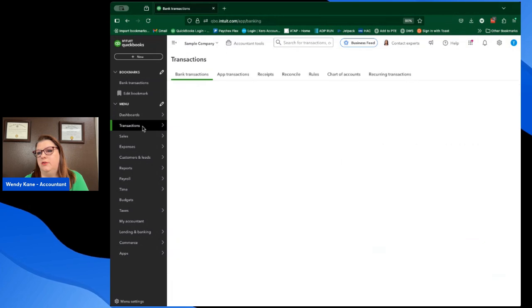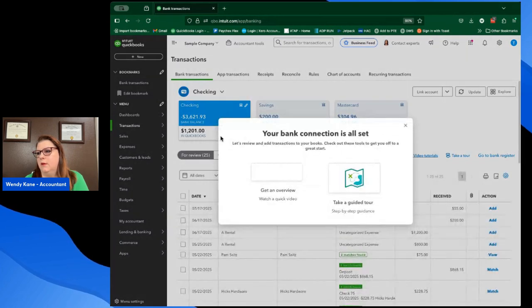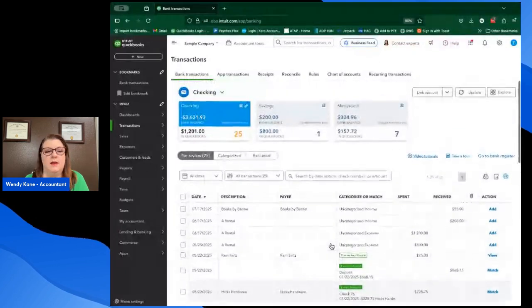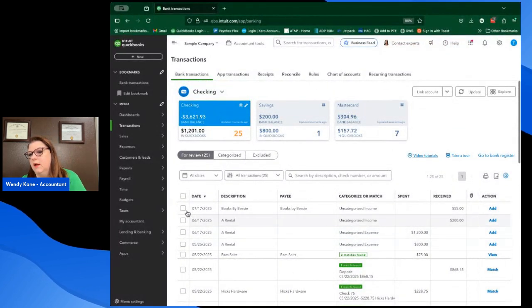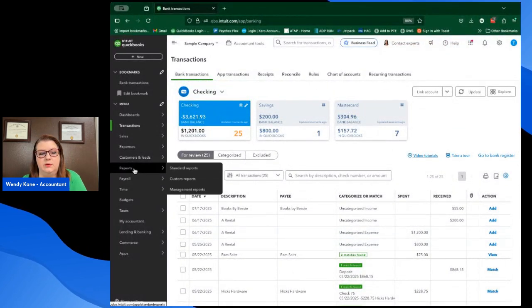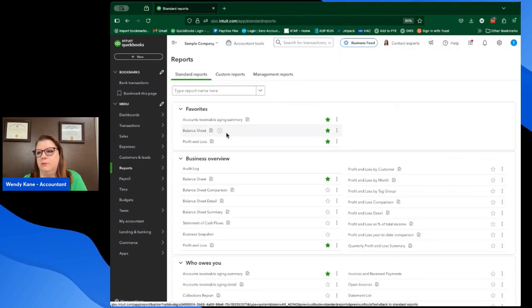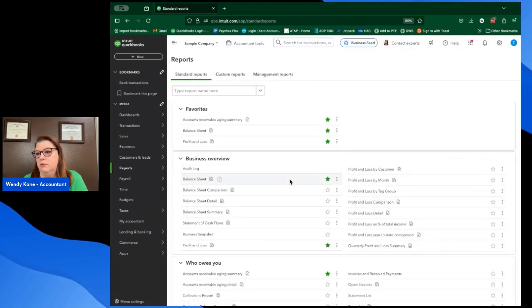All right, so you're used to seeing the transactions screen. That's where you go and enter the transactions. Let's say you've done that already. What you want to do is go to the Reports tab, and under Standard Reports, they've got several reports that are already done for you.